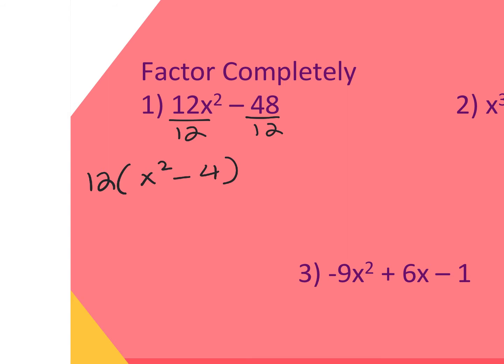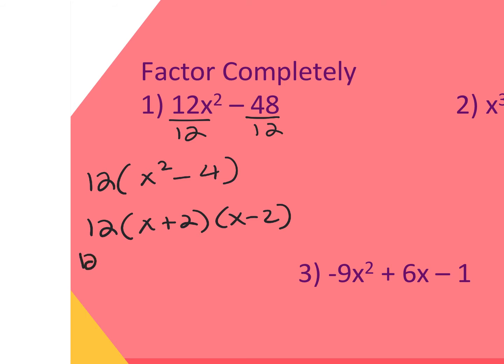Now what remains, I can still keep going. And this is the difference of two squares, because x squared and 4 are both perfect squares, and there's a subtraction sign in between. Don't forget about your GCF, and then x squared minus 4 will factor into x plus 2 and x minus 2.